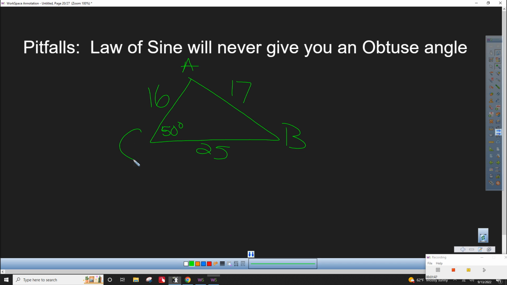Don't find angle A first, because your calculator will not give you an obtuse angle. So I want you to find angle B first. Find angle B first. Then use subtraction to find angle A. So remember, always find your biggest angle last if you're using law of sines.